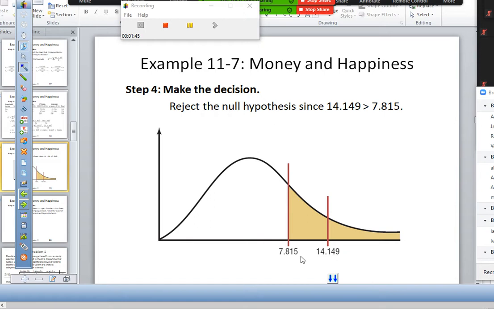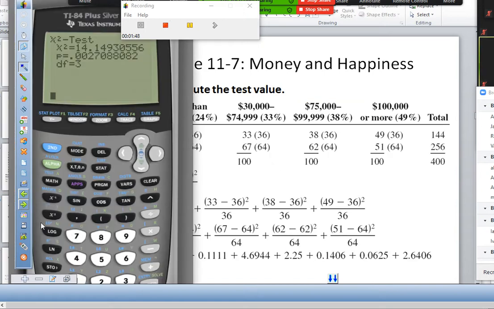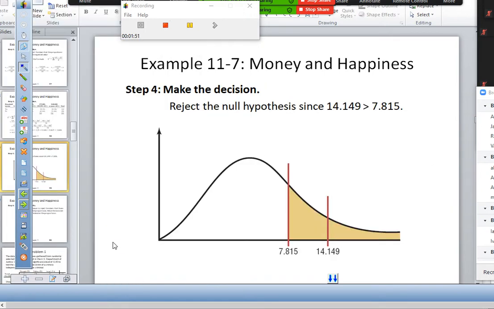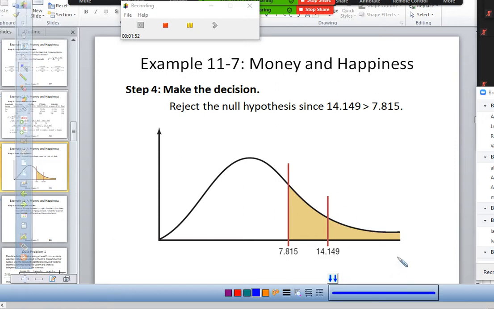So here's the picture. And then there's your 14.149, and then you're going to reject the null hypothesis, right? As long as you have the picture, you don't have to say why. Just have your picture here shaded and everything.